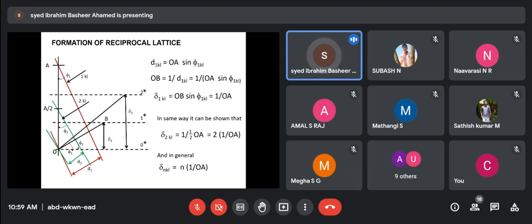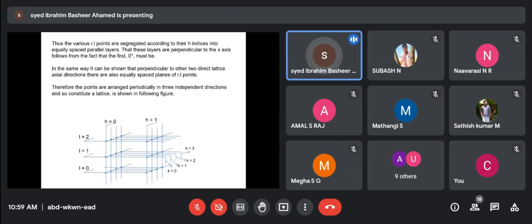In general, delta nkl is equal to n times 1 by OA. Thus, various reciprocal lattice points are segregated according to the H indices into equally spaced parallel layers.